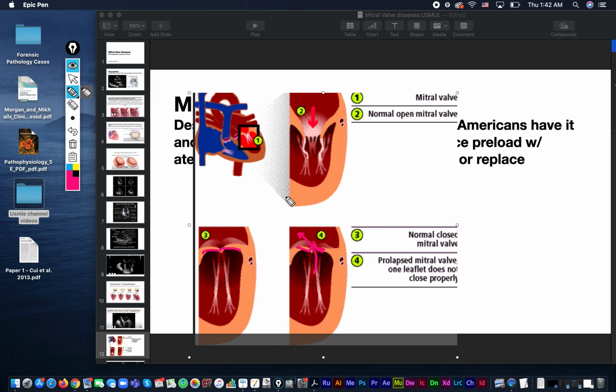That's why medical management is good with some beta blocker. If you increase the ventricular size, it'll sort of help keep it at bay by lowering the opening.